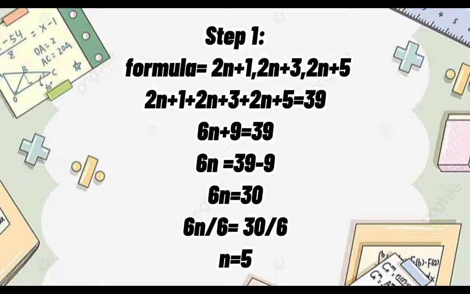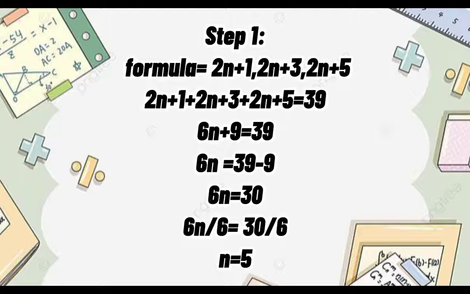Then the next thing you do is 6n plus 9 is equal to 39. The next one is 6n is equal to 39 minus 9. So how did you get 6n is equal to 30? Supposedly, when you transpose the 9, it becomes 39 minus 9. The next one is 6n is equal to 30.